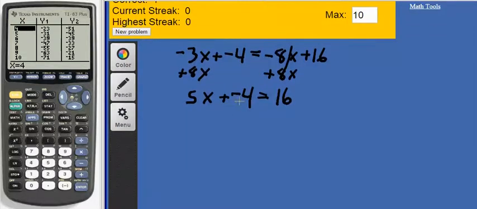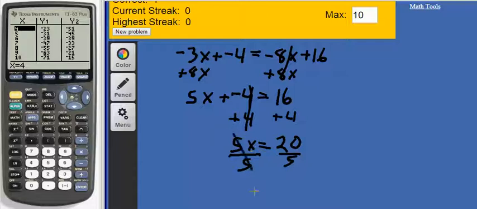Need all the ones, all the constants on the other side. So the opposite of minus 4 is plus 4. Those cancel. And we get 5x equals 20. Then divide by the coefficient of x. And x is equal to 4.